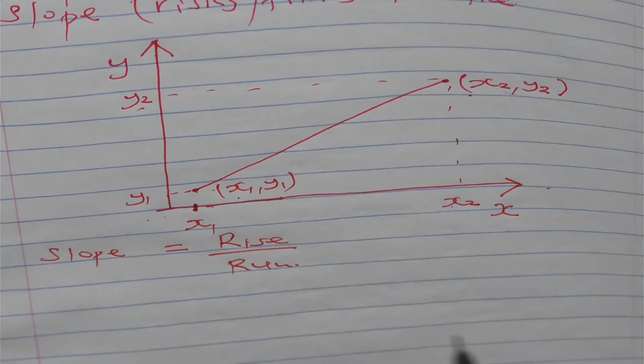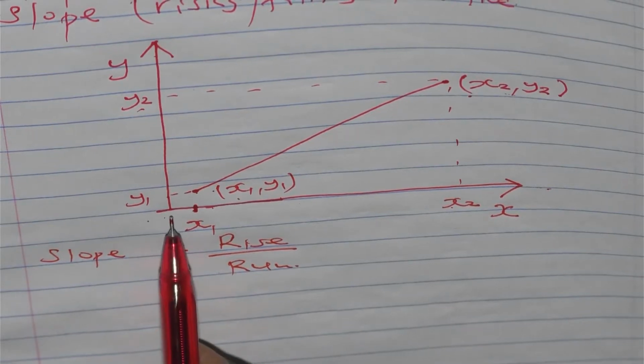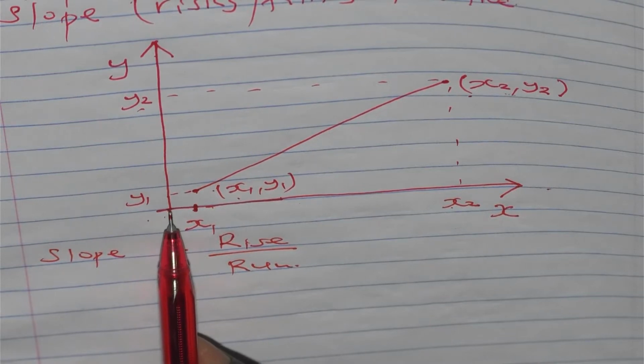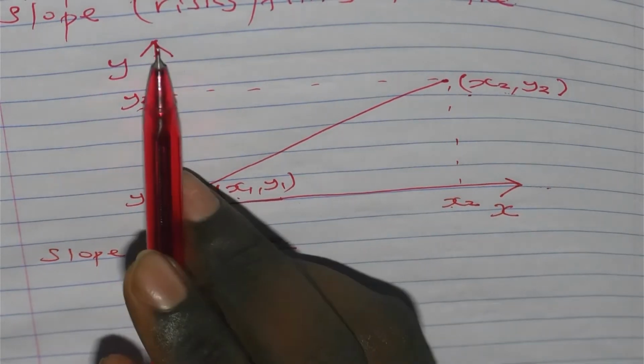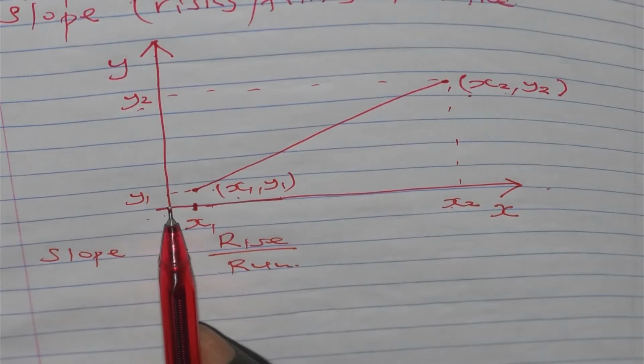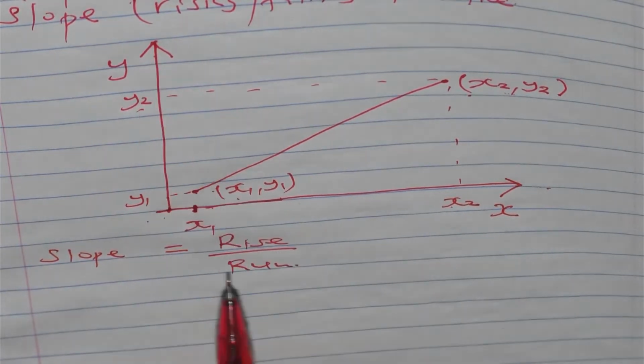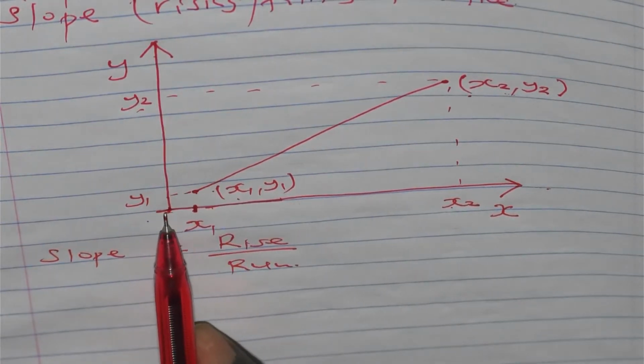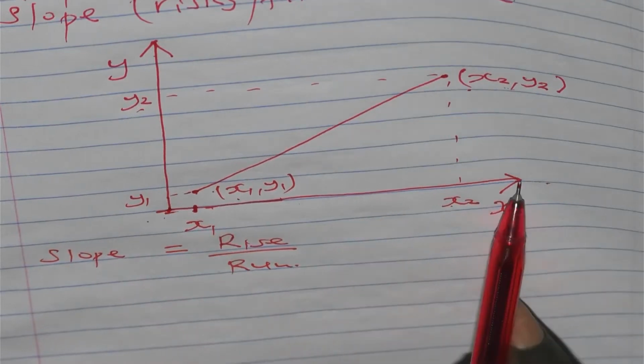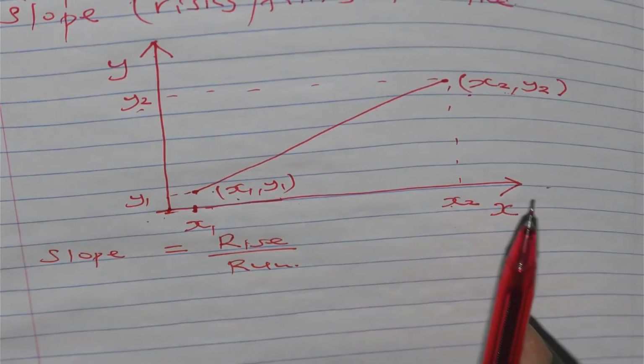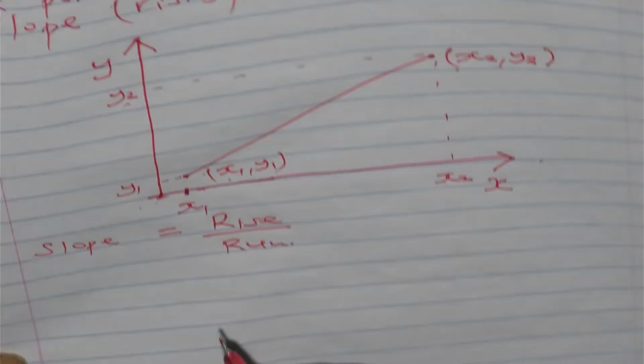So what do we mean by rise? Rising is how the line is rising in accordance to the y dimension. So rising up, and then running, how is it running from left to right, okay? That's the running.